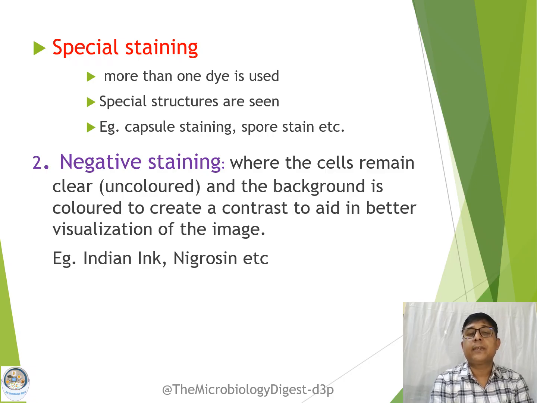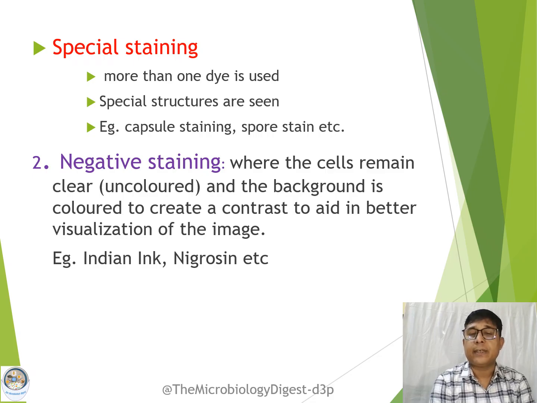The second type of staining is negative staining. What happens in negative staining? Here the bacterial cells do not take any color. The background is colored. The background takes up the color. So when negative staining is applied, organisms can be visualized as clear organisms against the colored background.